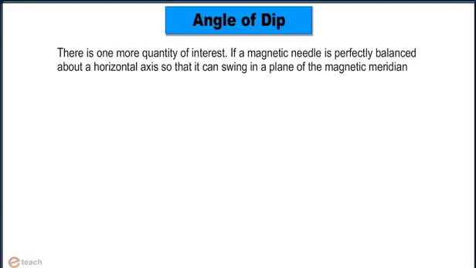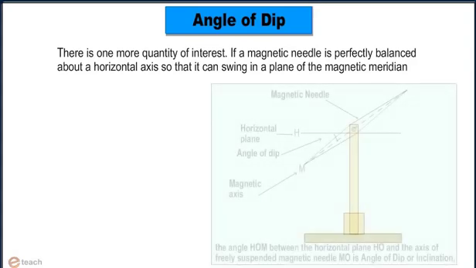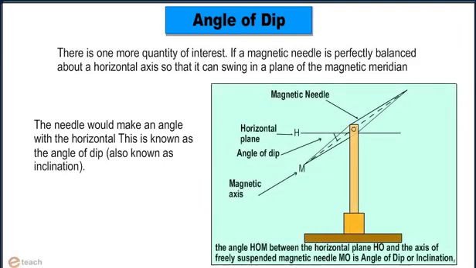There is one more quantity of interest. If a magnetic needle is perfectly balanced about a horizontal axis so that it can swing in a plane of the magnetic meridian, the needle would make an angle with the horizontal. This is known as the angle of dip, also known as inclination.